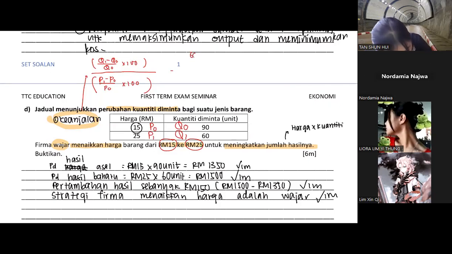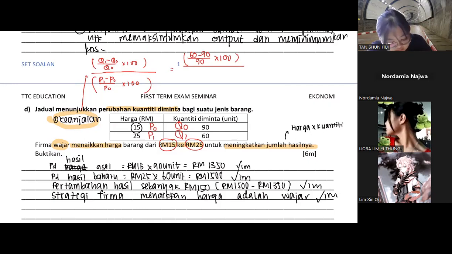Q1, which is 60 minus 90, divided by 90, times 100. And one thing: when you press the calculator, try not to one-shot press everything, because a lot of people who do that forget about the bracket, and at the end of the day they make what some call a careless mistake. Just press step by step.